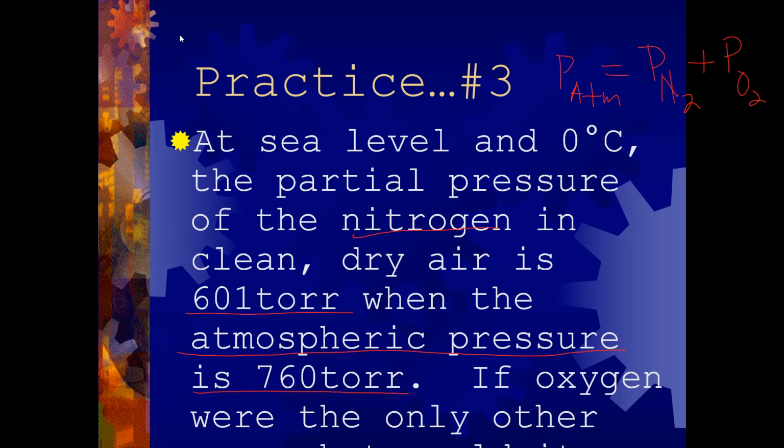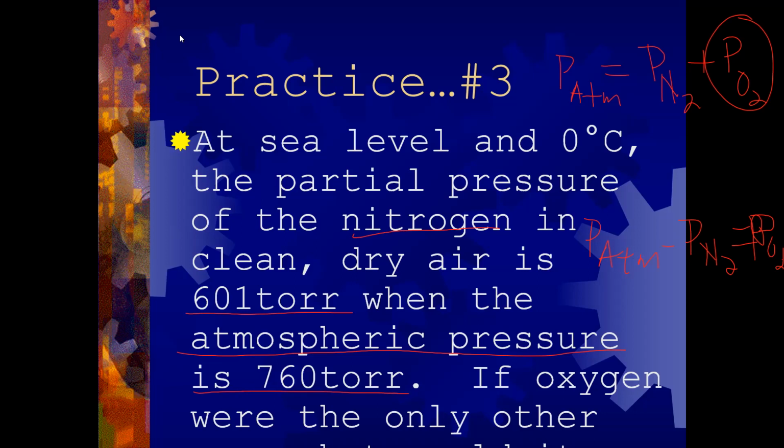Since we don't know this, we need to solve for that. That's going to be P atm minus PN2 is equal to PO2, the pressure exerted by the O2. In order to do that, you just got to subtract.